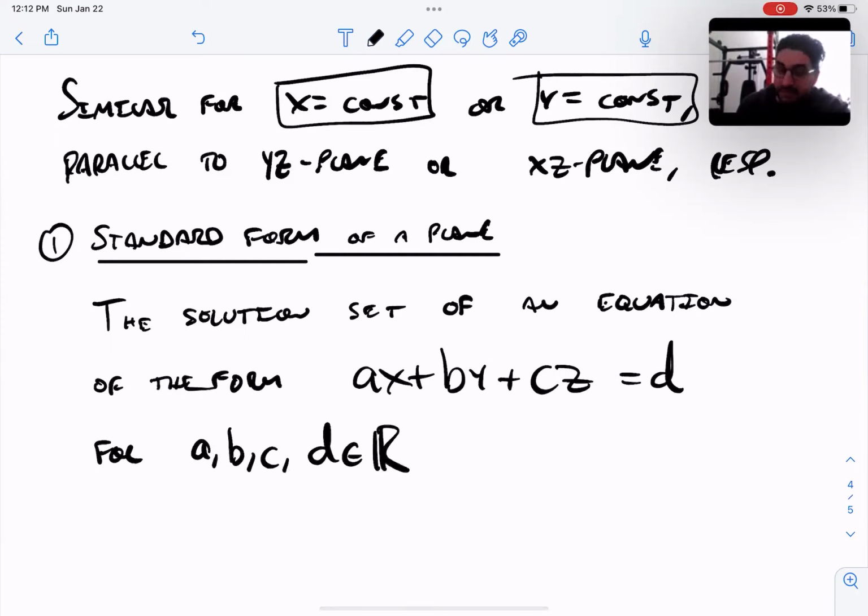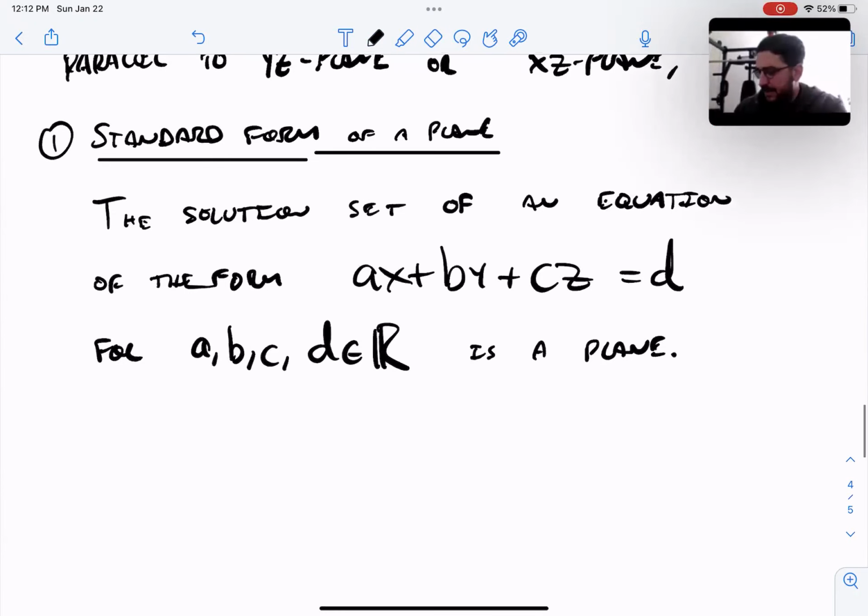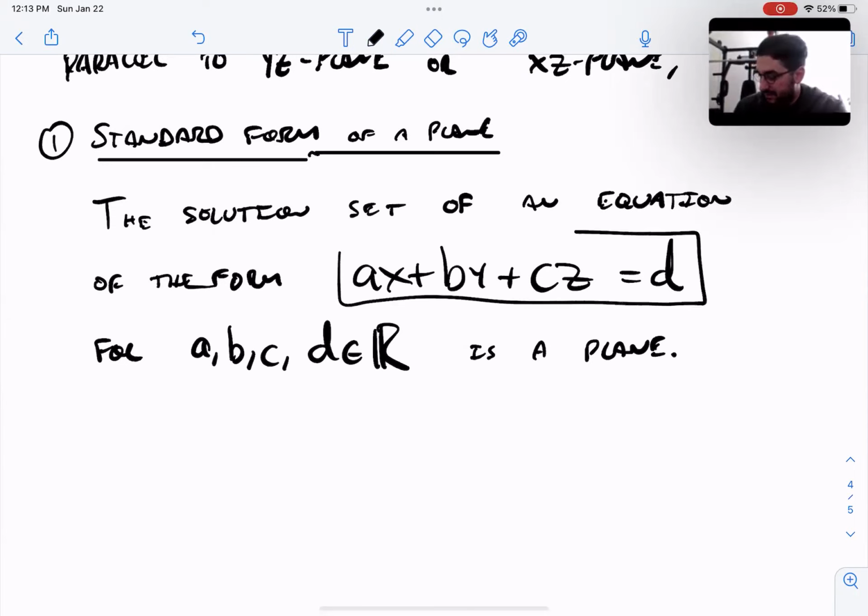Those just represent some real constants, and then that solution set is going to give you a plane. That will always constitute a plane.